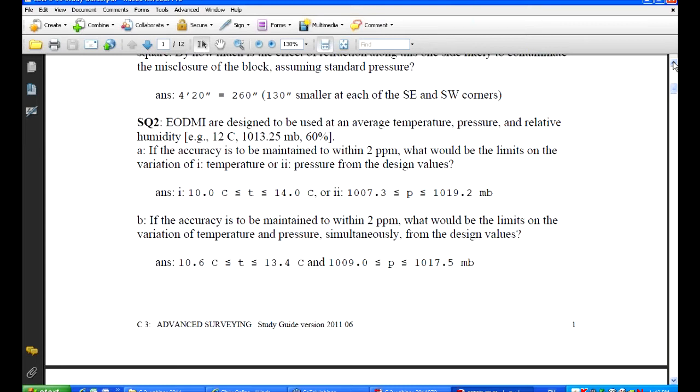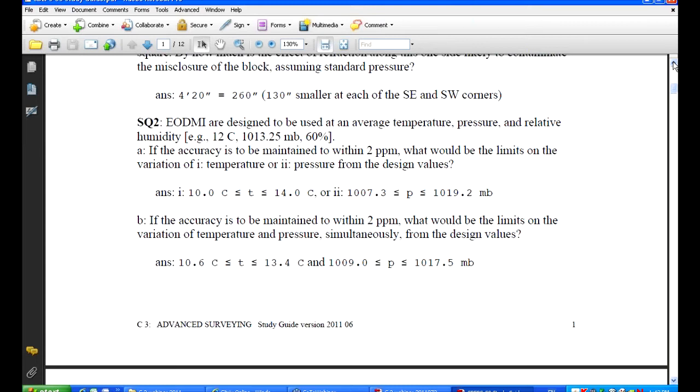That study guide question doesn't mention that sort of thing. It simply says what would be the limit on the variation of temperature. So that's not suggesting that you would do it at either end, but just simply along the path.